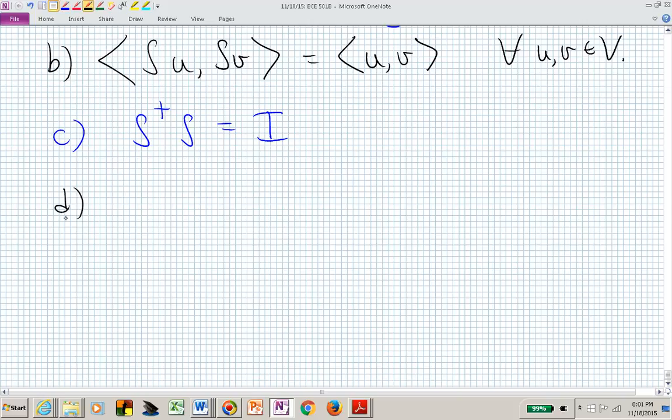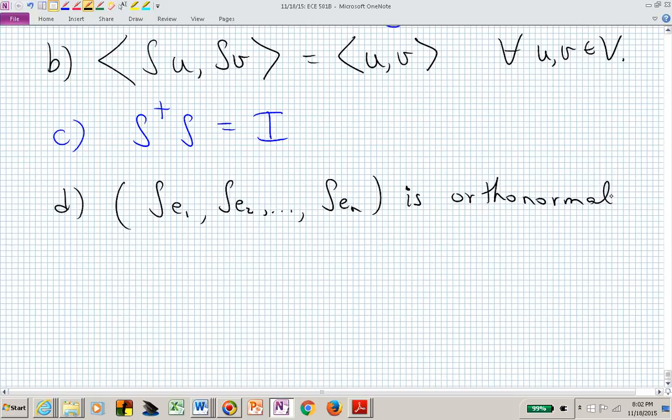You basically end up where you started. It's the identity map. Statement D: Se1, Se2, up to Se sub n, that collection of vectors is orthonormal whenever e1, e2, up to e sub n is a list that's an orthonormal list.